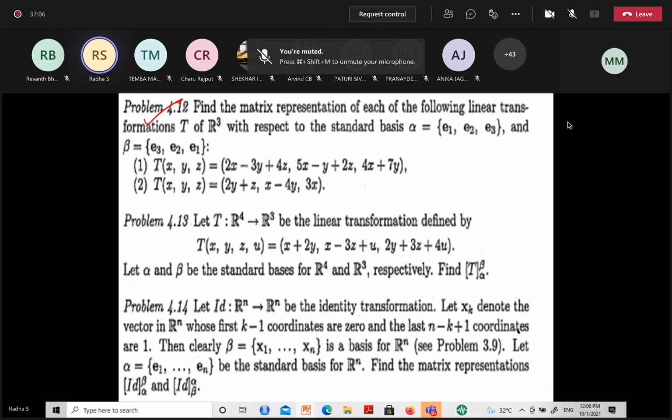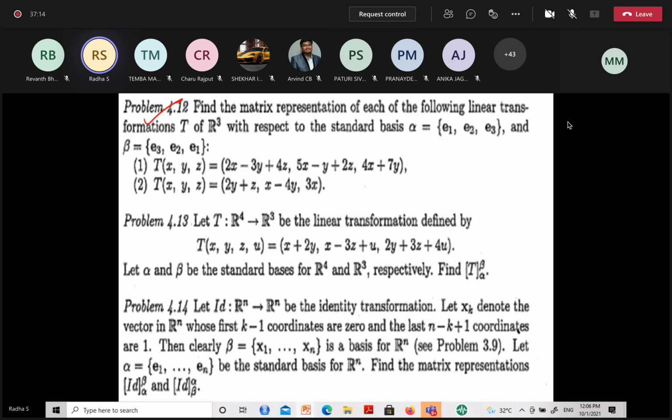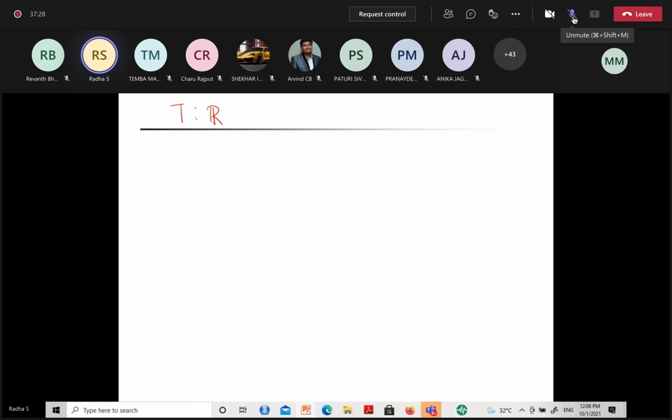Okay, so can you please help me with the linear transformation? Here the linear transformation, can you say from where to where it goes? R3 to R3, R cube to R cube. By the way it is defined itself, R cube element to R cube element.